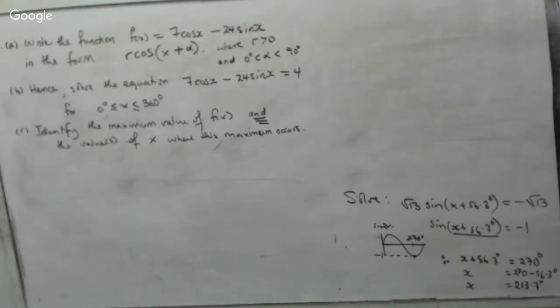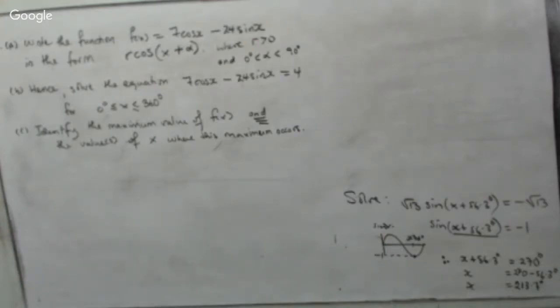Read the first word. What does the first word say? Hence. What does hence mean? In an exam context, it means anything you did up top or previously, you must use that result.